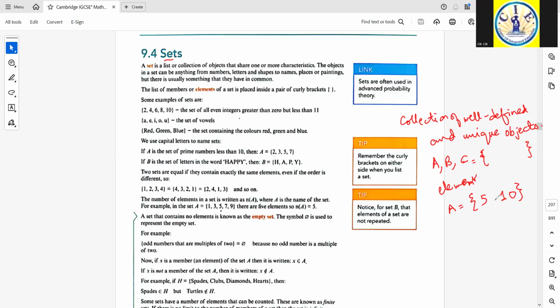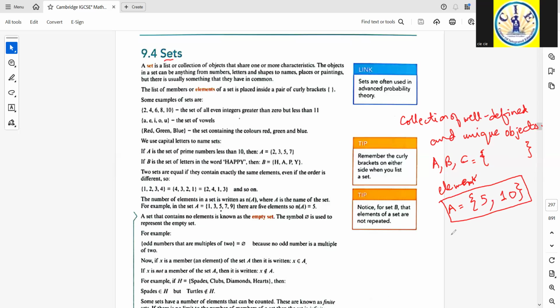These two numbers, 5 and 10, are the multiples of 5 that fulfill our condition, and these should be separated by commas. So A is a set that contains elements which are positive multiples of 5 less than or equal to 10. So we should be having these two numbers 5 and 10 only. So that's why these are known as the elements of a set.